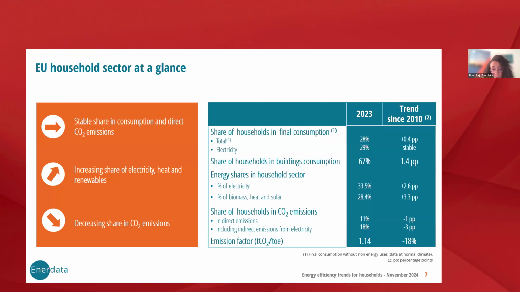We can also observe an improvement of the emission factor of the sector. A few good news about the mix of the household sector, with an increase in share of electricity, heat, and renewables, and a decrease in share in CO2 emissions.